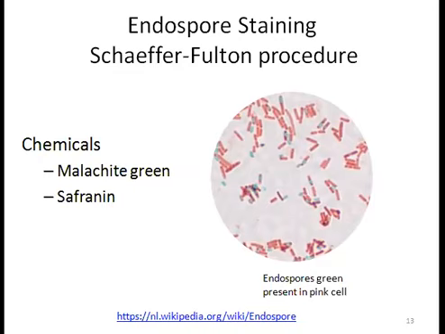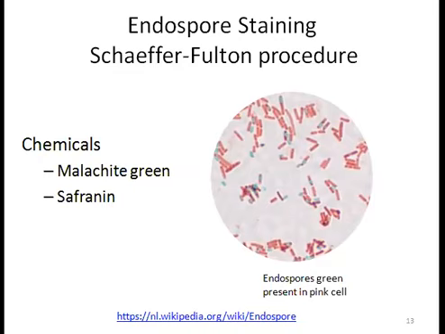Endospores are not stained well by most dyes, but once stained, they are strongly resistant to decolorization. This property is the basis of most endospore staining methods. Endospore staining, like acid-fast staining, also requires harsh treatment.